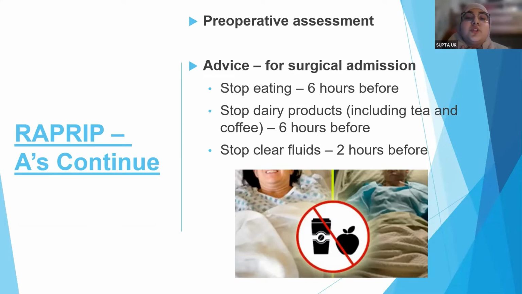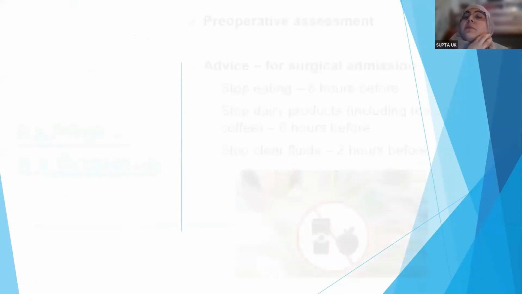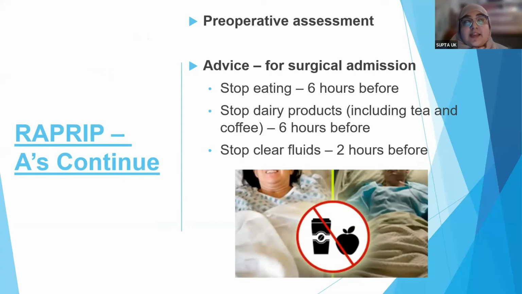So you have to stop eating 6 hours before. Dairy products are 6 hours before. And then clear fluids, however, are 2 hours before, okay? So no patient is allowed tea but up to 2 hours before surgical admission, despite how much they may want it. And then some of you might be thinking, why do we need to fast?